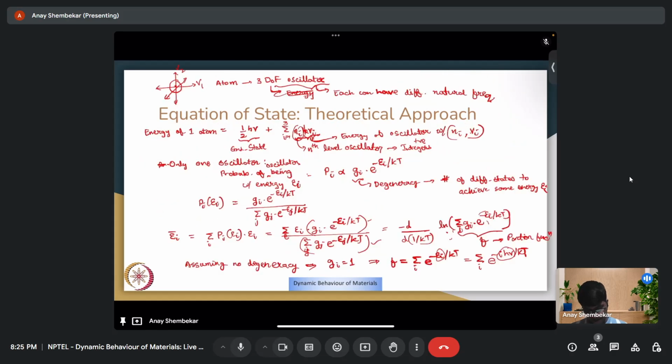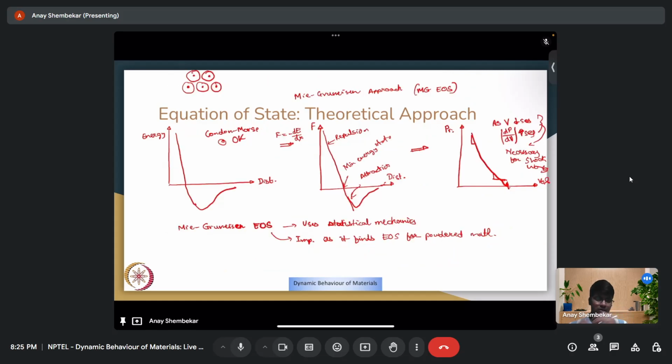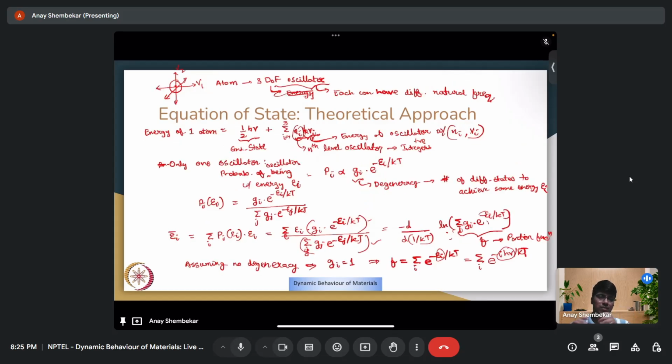So I'll just recap. You have an energy versus distance plot for two atoms. From that we can evaluate force versus distance, then pressure versus volume plots. Then we looked at a single atom as a 3 degree of freedom oscillator. Then we isolated one oscillator out of it.